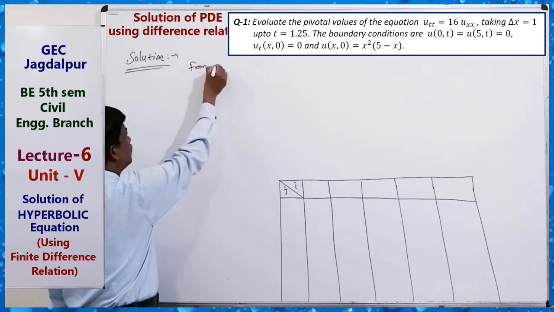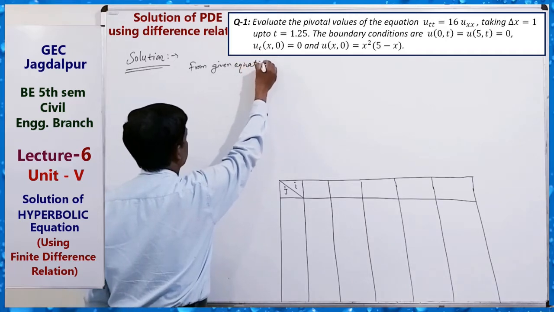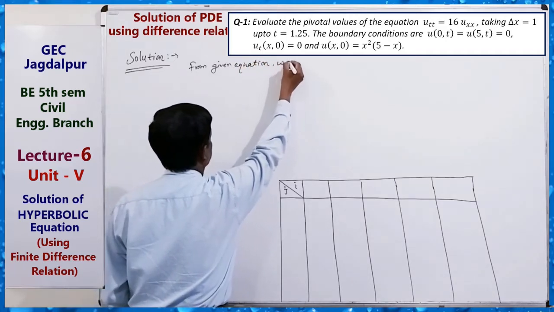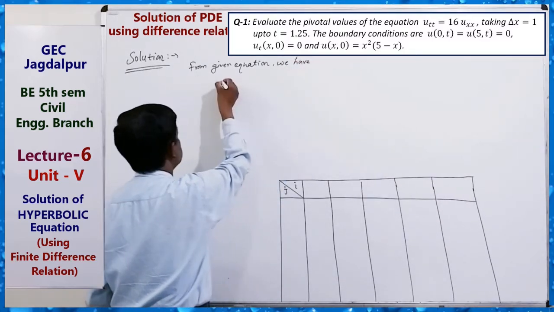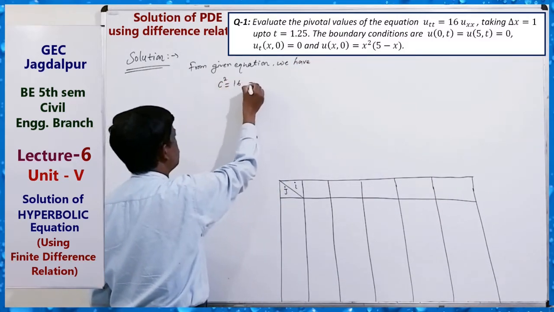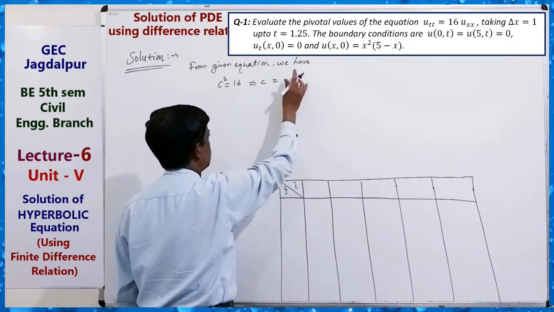From the given equation we have c squared equals 16, so c equals 4.